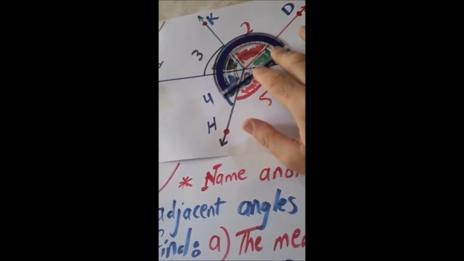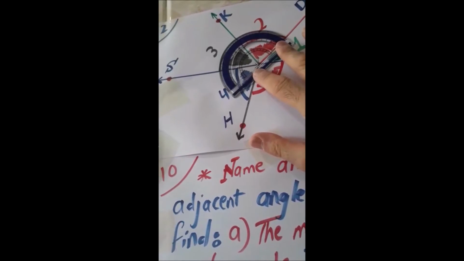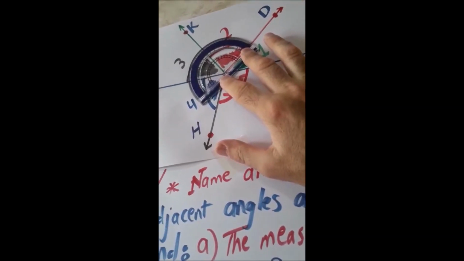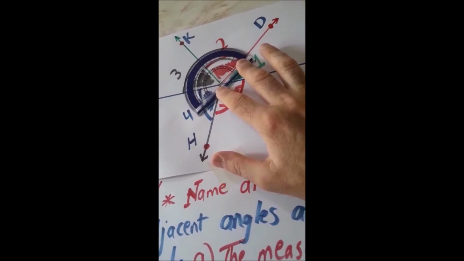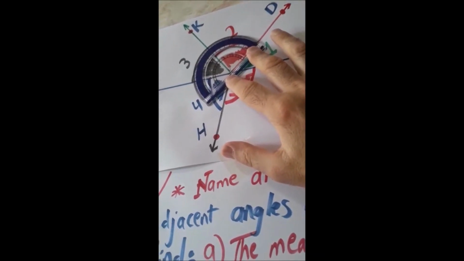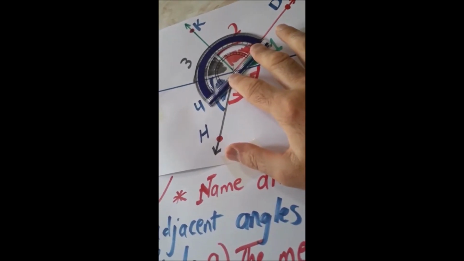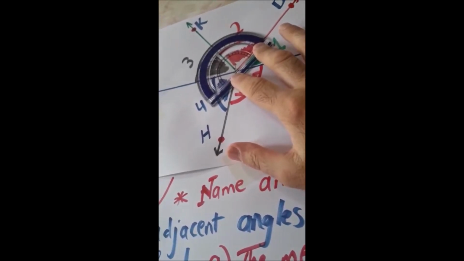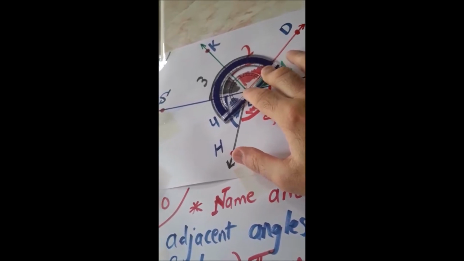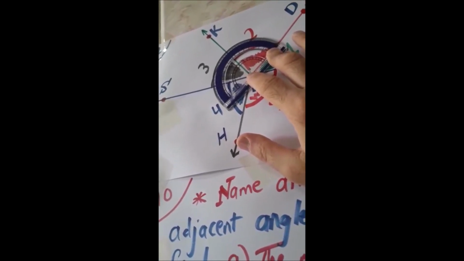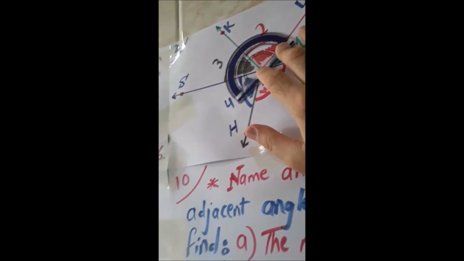Now you will move the protractor in this case. Yes, excellent. Now we want to find the measure of DBK. Again, the same idea. You will follow the inner scale from right to left, and again you will follow the green line, and of course you will find it. Yes, it is 80 degree.